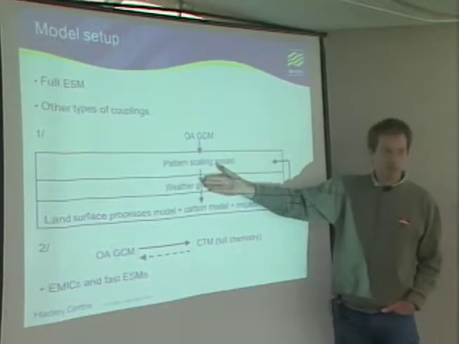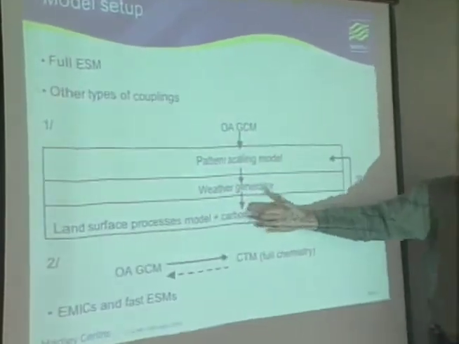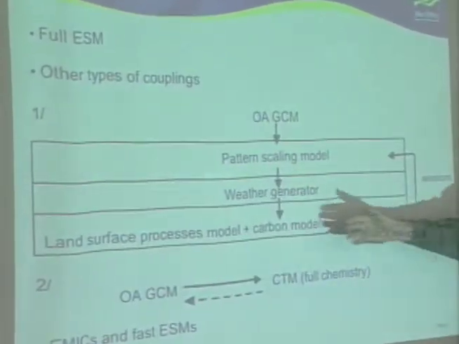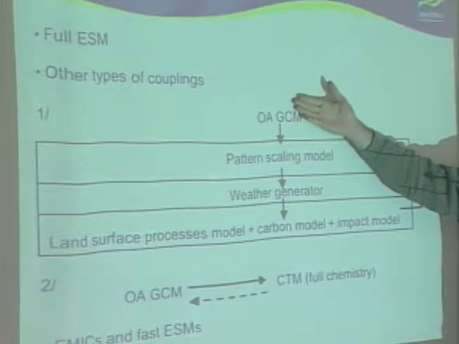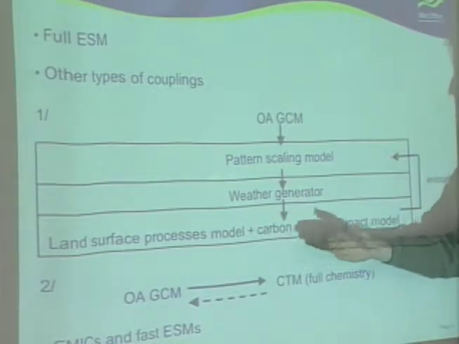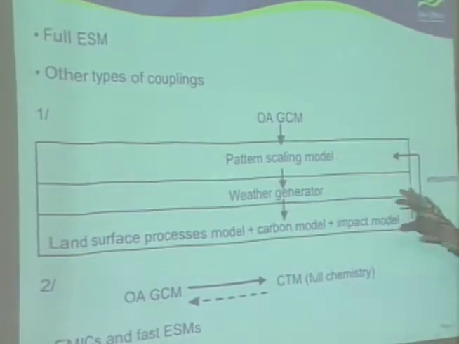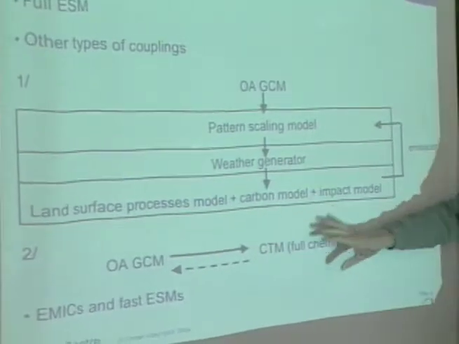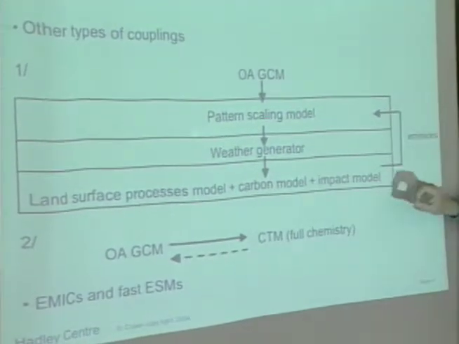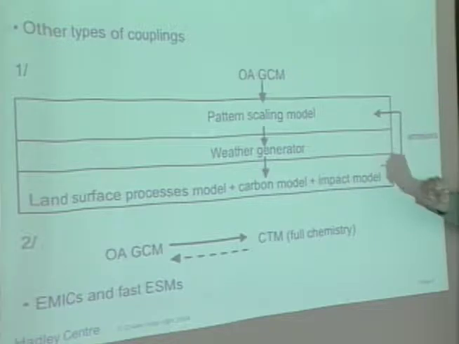So you basically take monthly means of climate change. And then you use a weather generator here to drive a land surface model, which is pretty much the land surface model we've got in the climate model here. And we are gradually building this model, including the carbon cycle and some impact modeling there.